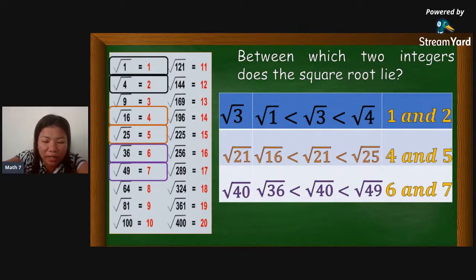Square root of 300. 300 saan siya? What are the two consecutive integers where the square root of 300 lies? Square root of 300. 300 tayo ha.